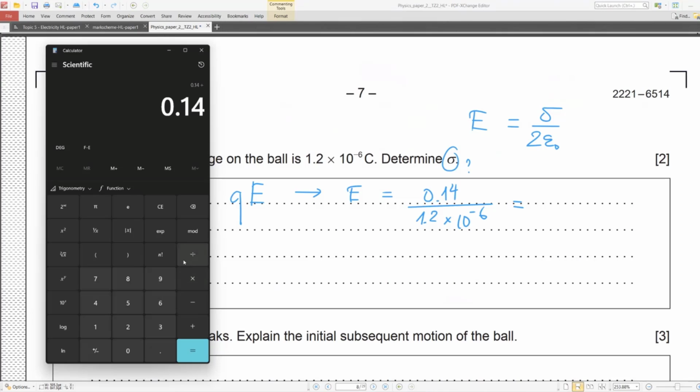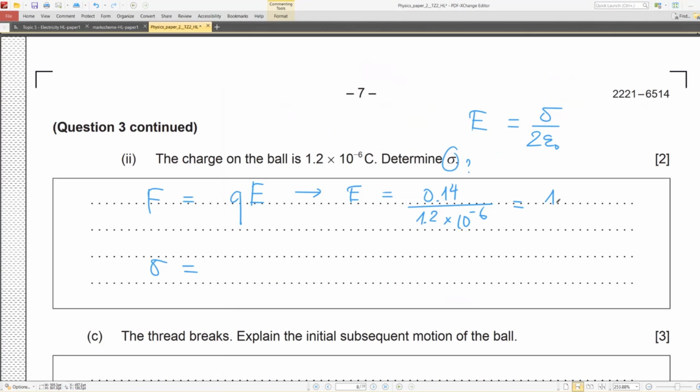0.14 divided by 1.2 times 10 to the negative 6 gives 1.2 times 10 to the 5. The unit is volts per meter. Then finding sigma, sigma will be this E multiplied by 2 times epsilon 0.